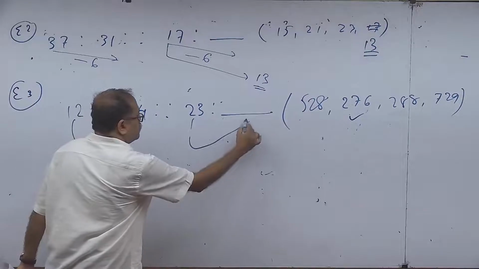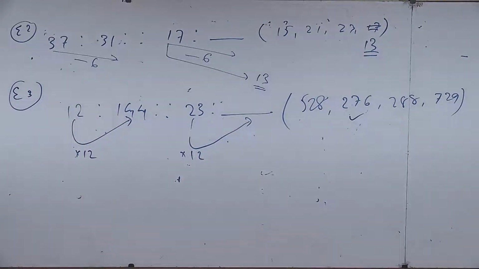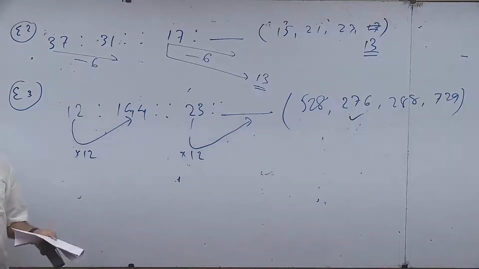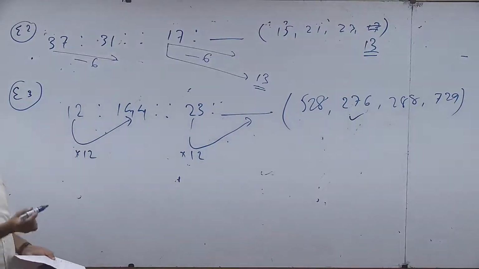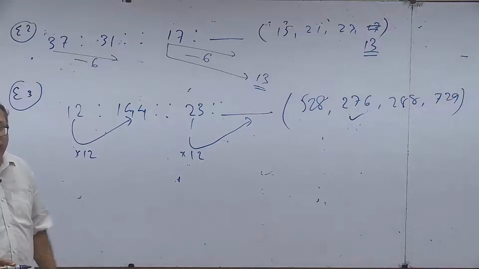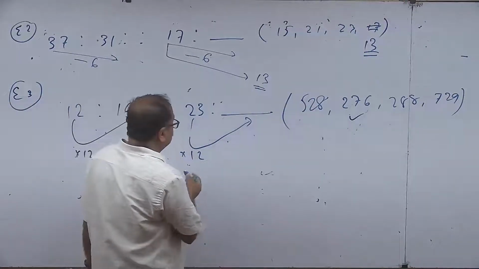So, can I check that into 12? Just don't stick with only one logic. Square is not working. So, into 12 is there, so I will go for into 12. If that is not working, then probably I start looking from a different angle. So, with 12, we need to check whether the answer is there or not.